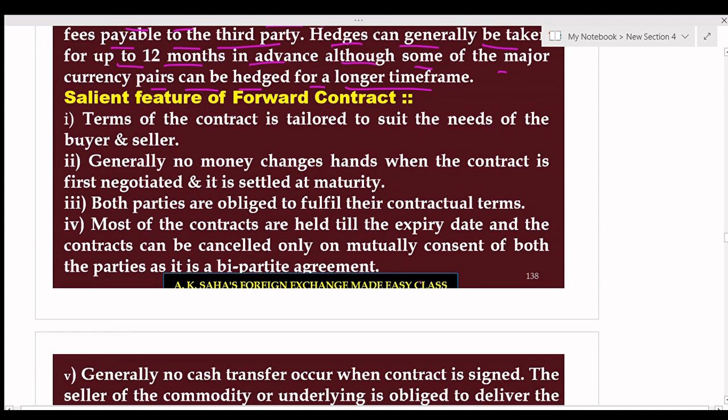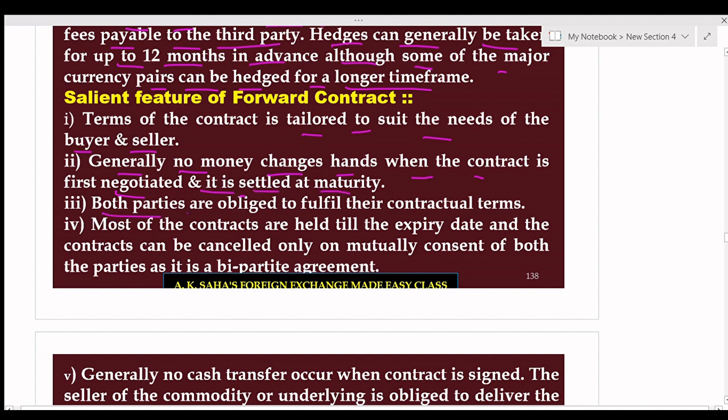Salient features of forward contract. Terms of the contract are tailored to suit the needs of the buyer and seller. Generally, no money changes hands when the contract is first negotiated and it is settled at maturity.